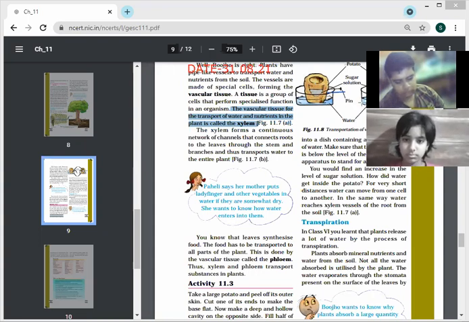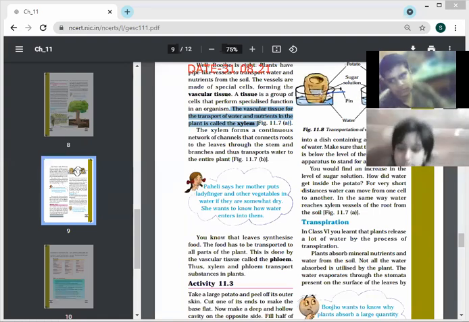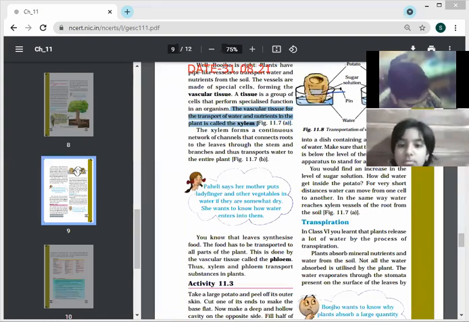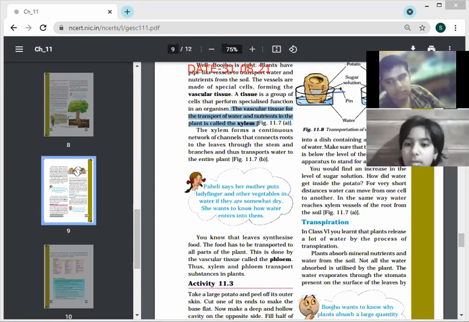Done. After that, what will you see? We'll keep it aside for some time. Then what will happen? The water level inside the potato has increased. So how did the water move inside the potato? Ma'am, can I tell?